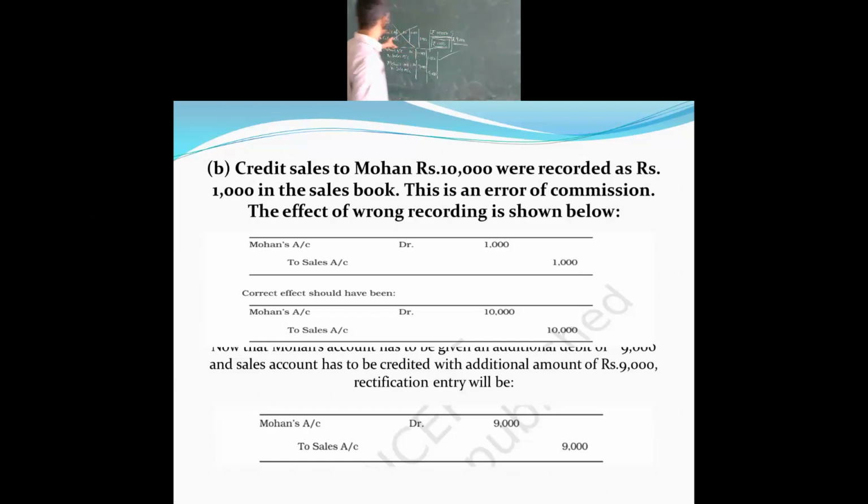If you make this mistake, this entry will be made for correction. The amount short by 9,000 will be corrected over here. This entry has to take place. Is this concept clear now?